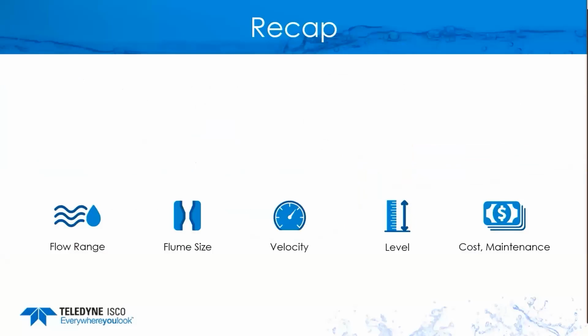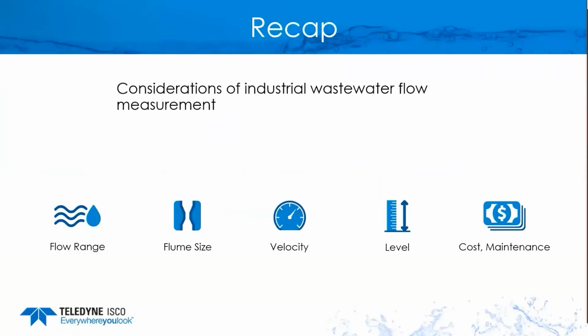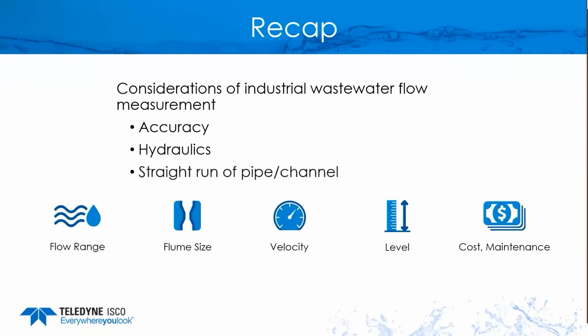So to recap, we need to consider what accuracy you need, which is going to determine what type of technology you're going to use, what size flume, and determine the hydraulics. The different hydraulics will determine what type of sensor you're going to use, if it's going to be the wetted sensor, the non-contact, or possibly a flume.